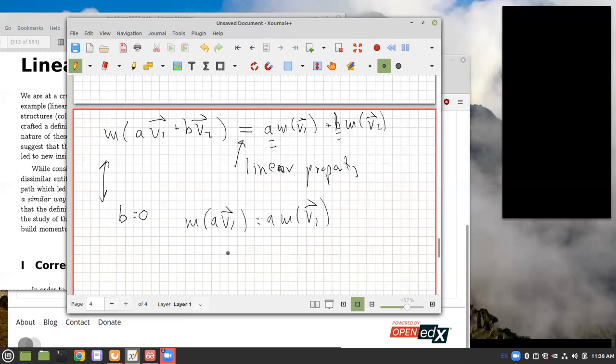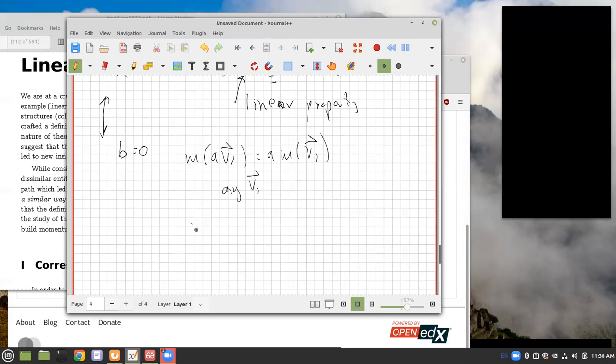And this is true for any vector V1. So if I take M of 2V1, that has to equal 2M of V1. So the map has to have this property.